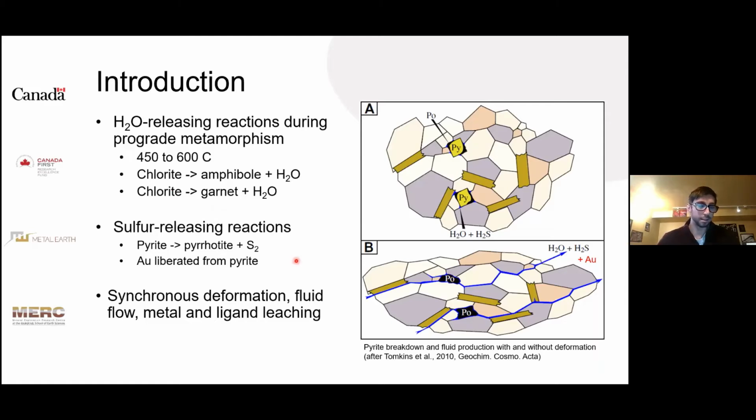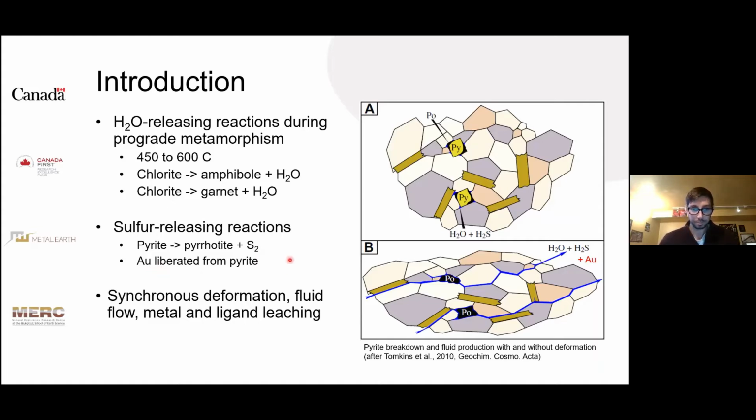And the key thing is that these reactions are typically coeval with the breakdown of pyrite to form pyrrhotite, and this does 2 things. It is able to release some free sulfur into the system, which under the right conditions can bond with the gold and allow it to be transported in the fluid. But it also can fully break down the pyrite and expose the gold that is maybe trapped within the pyrite to the fluid.